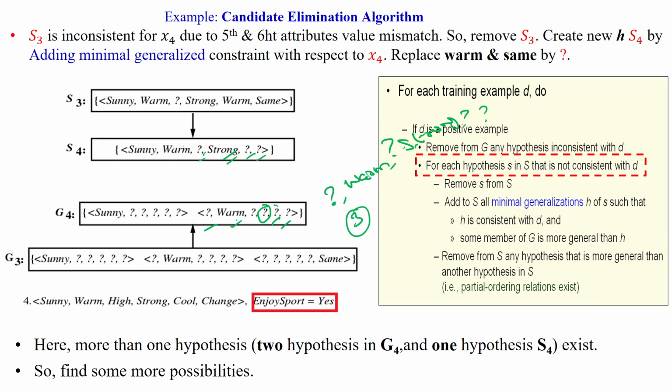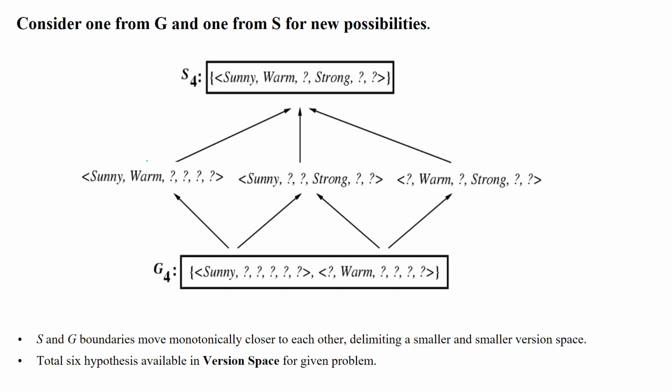Then we will have one more hypothesis by replacing this sunny. So we will have sunny in this place. Then warm is already there, we cannot replace that. Then question symbol, question symbol, question symbol and question symbol, but this hypothesis already exists when we compare, so we can remove the duplicate hypothesis.